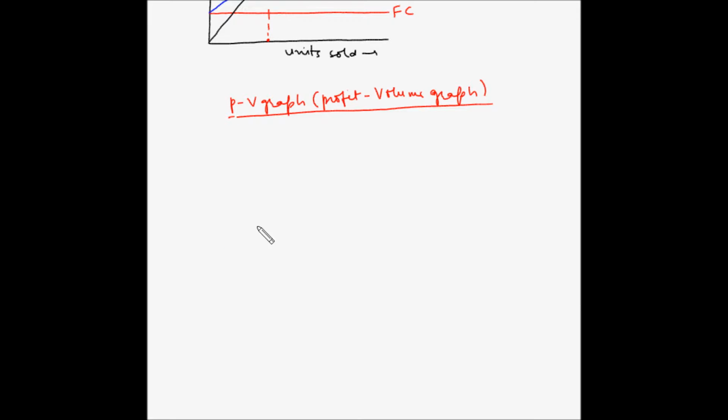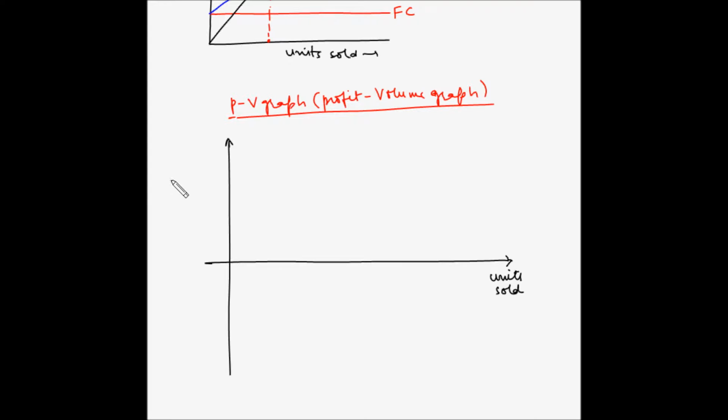So let's see how this graph can help us answer the questions that we want answered. Let me draw the x and the y axis of the graph. Now the x axis represents the units sold, while the y axis represents the operating income.